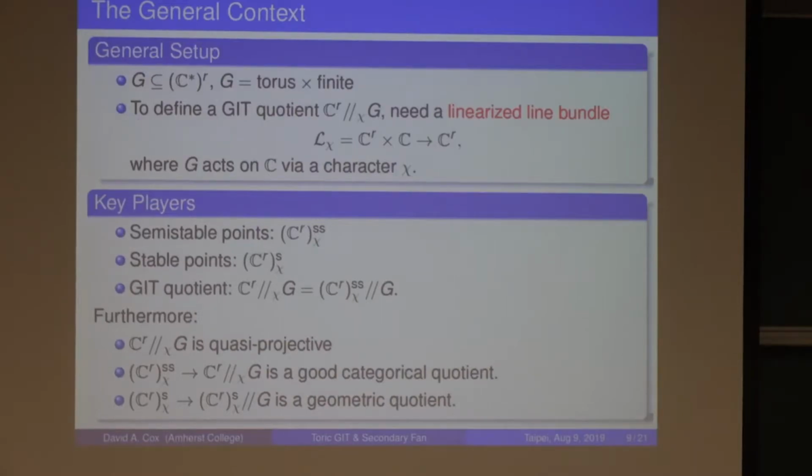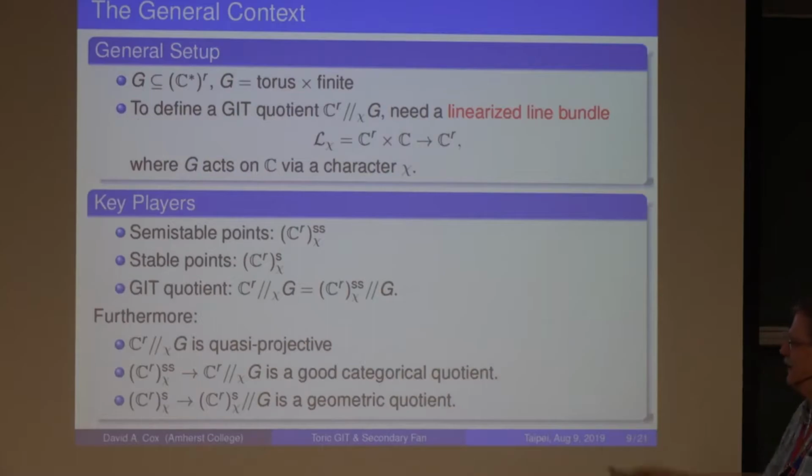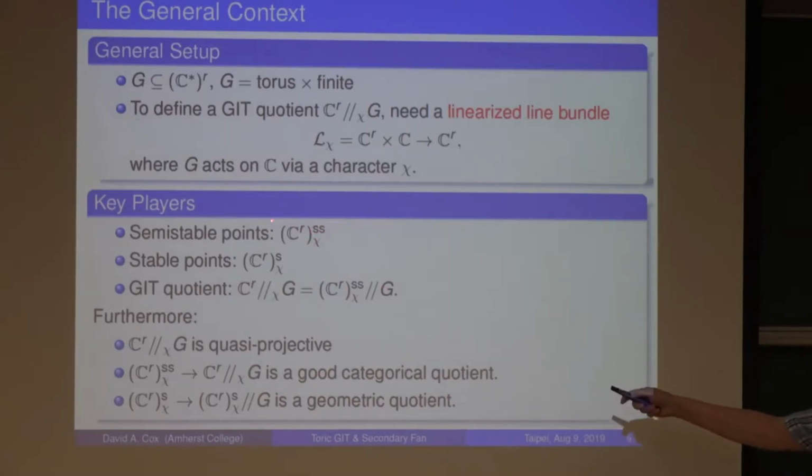And then it turns out that when you do the geometric invariant theory, this data determines a set of semi-stable points. The semi-stable points depend on the character. And then there are the even nicer stable points. What they call the GIT quotient is, the idea is that this will be some nice subset of C to the R. You take this nice subset, and this is a quotient made pretty much the way I described last week.